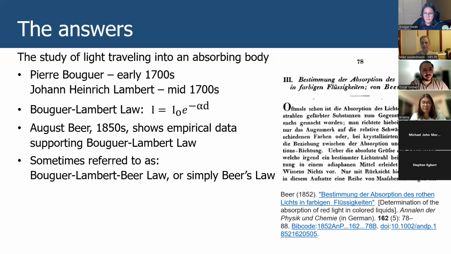law was described in a paper that talked about the intensity of the light traveling through an absorbing liquid being related to the initial intensity with an exponential attenuation based on alpha, which was a constant, a property of the material that was dissolved in the water, and the distance through which the light passed.